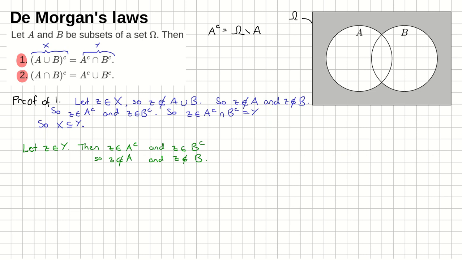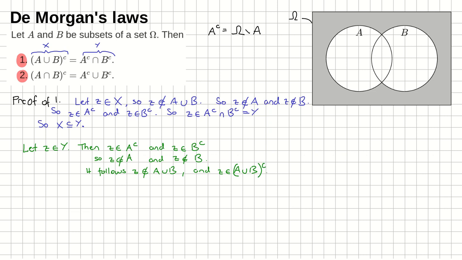Our element z isn't in A or B, so it's certainly not in both, and therefore it's not in A union B. And if z's not in A union B, well, that means that z is in (A union B) complement.